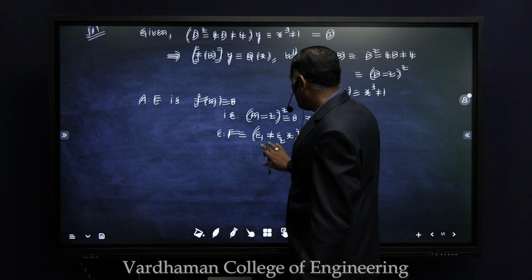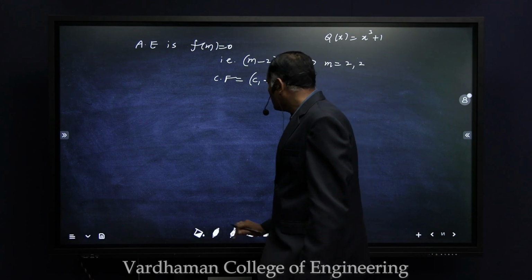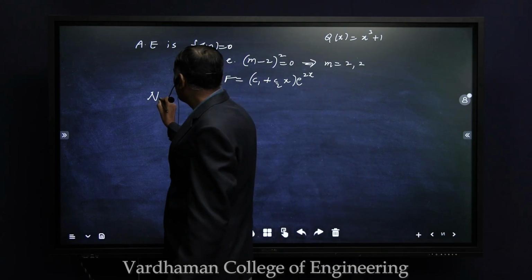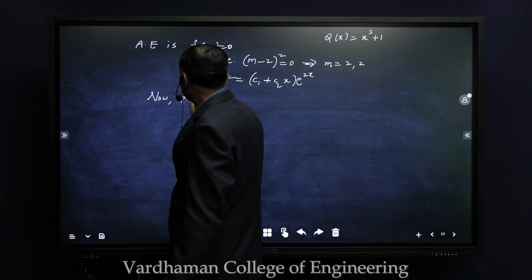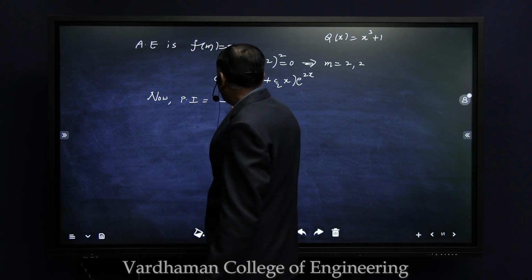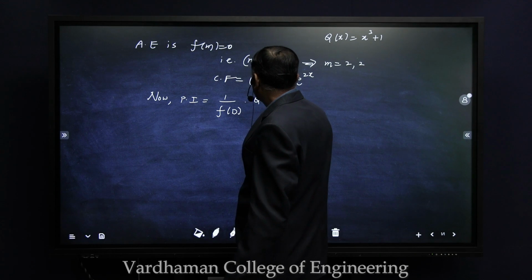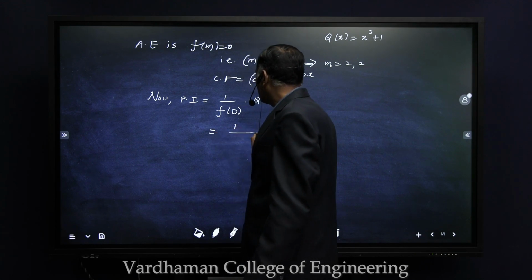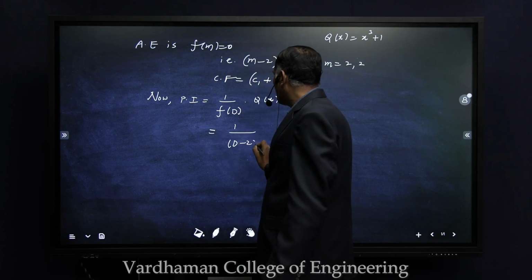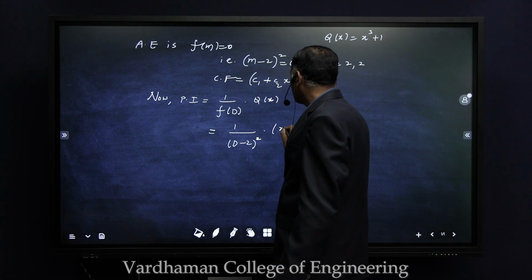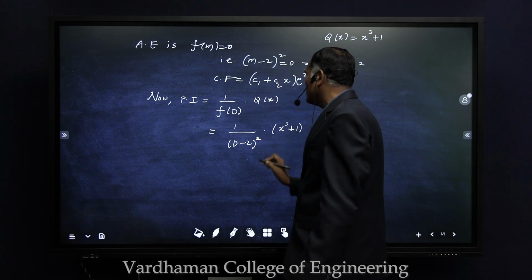In this case, the particular integral is given by PI equals 1 by f of D into q. Here f of D is (D minus 2) whole square, and q is x cube plus 1.